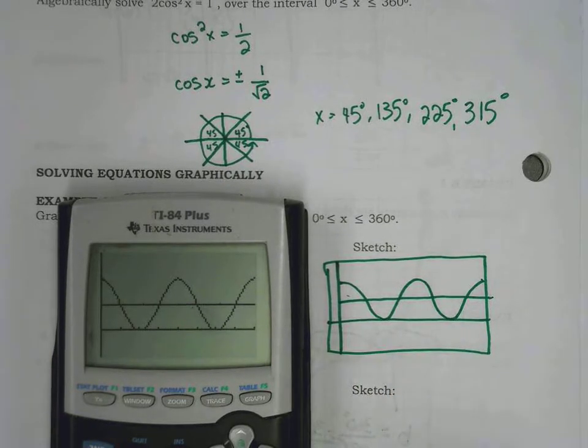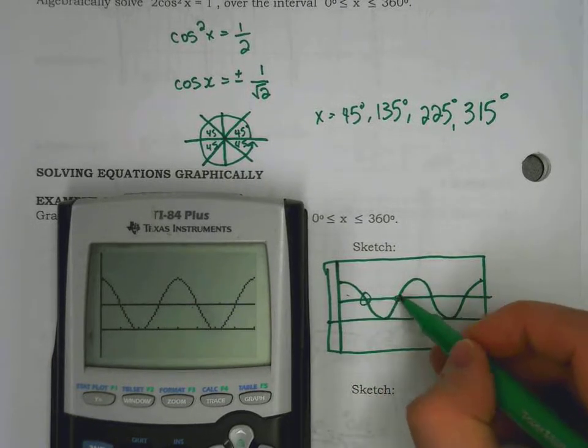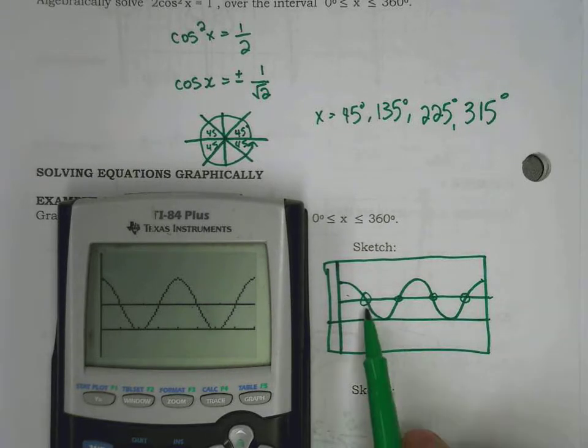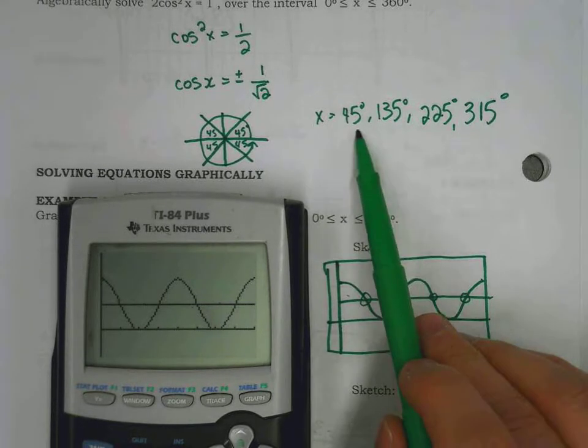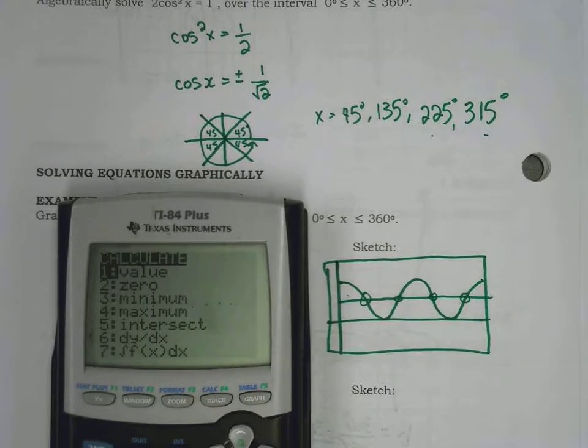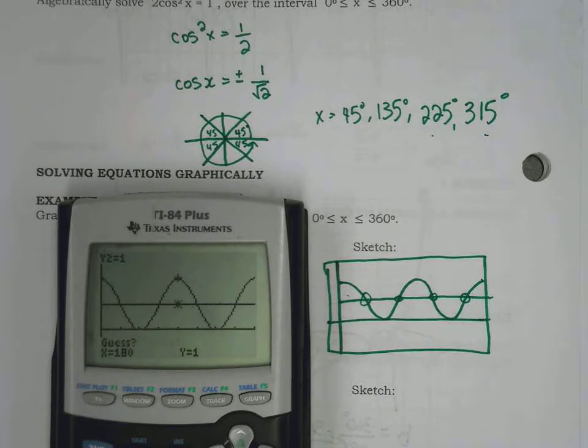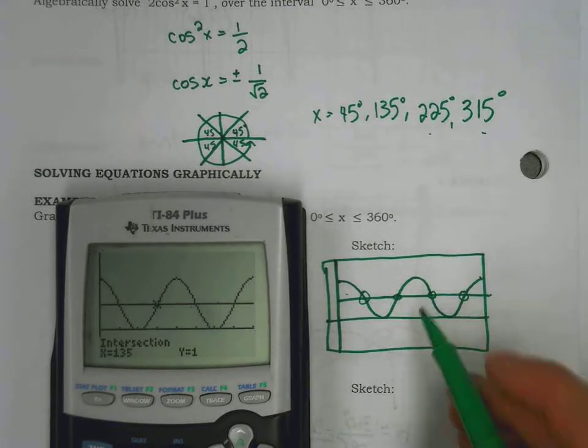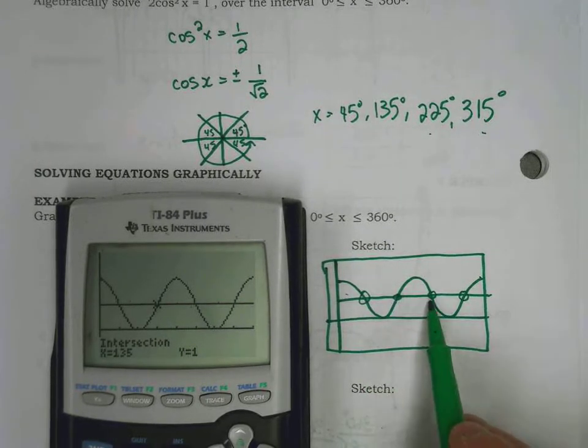And if we're trying to find when these functions intersect, which looks like it's 4 times, we can say second trace, number 5 intersect. First curve, second curve, and I'll just find the second one, which conveniently is 135. So this is 45, 135, 225, 315.